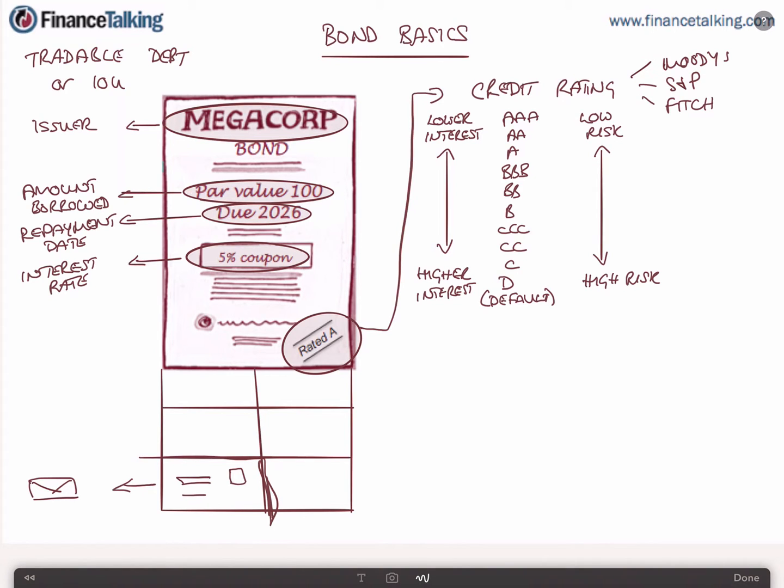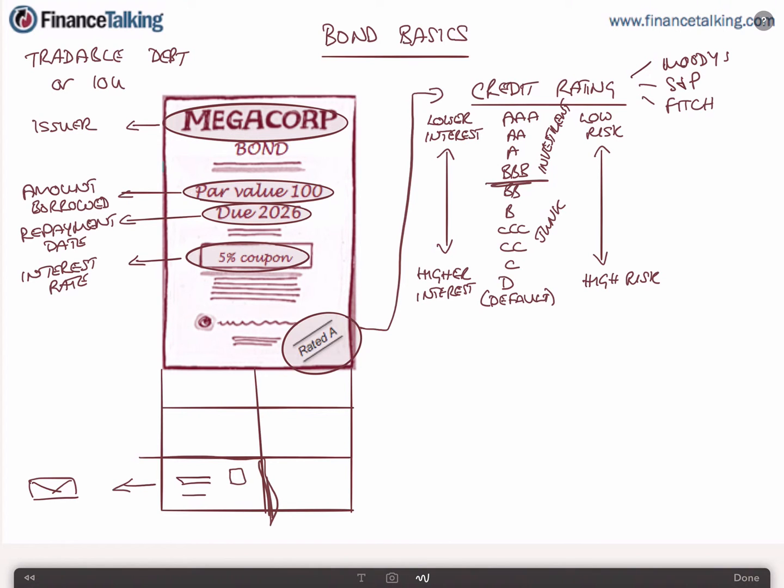There's actually a really big gap between triple B and double B, and that's because everything that's triple B and above is what we call investment grade, and everything that's below that is what we refer to as junk bonds. So obviously with a much higher default risk. So that is the credit ratings.